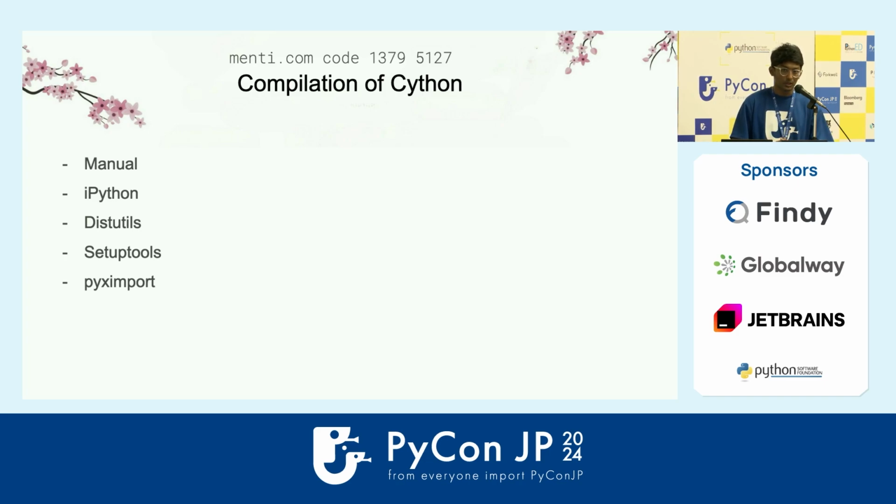You don't need to worry a lot about setting up compilation. And then there are distutils and setuptools, which are the usual way of compilation in Python. And then there is pyximport. Pyximport is interesting, where it's trying to do just-in-time compilation inside Cython. So some best of both worlds, but again, it's not really recommended in production environments.